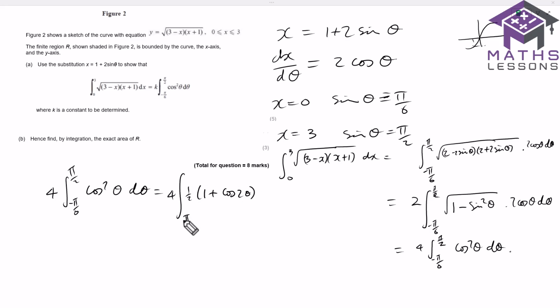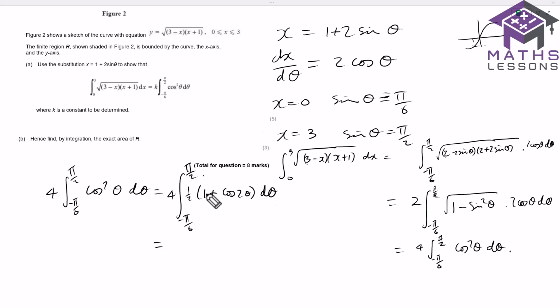And if you want to confirm that, you can look up cos 2 theta is equal to cos squared minus sine squared, which is 2 cos squared theta minus 1. Rearrange that to get cos squared on its own, and you realise that cos squared equals a half of 1 plus cos 2 theta. And then we can just integrate that nice and easily.